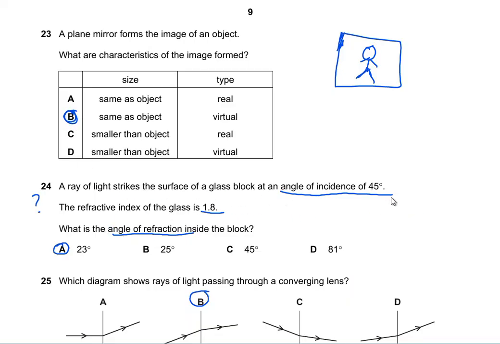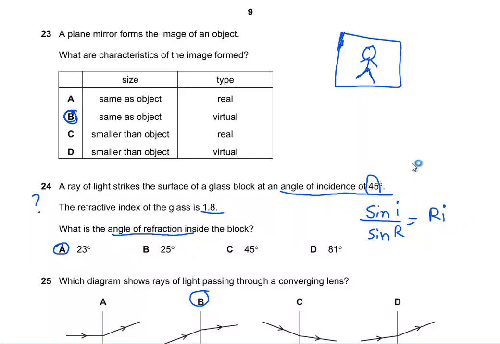A ray of light strikes at an angle of incidence of 45 degrees, with this refractive index. What is the angle of refraction inside the block? So, Snell's law: sine of the incidence angle divided by sine of the refracted angle equals the refractive index.